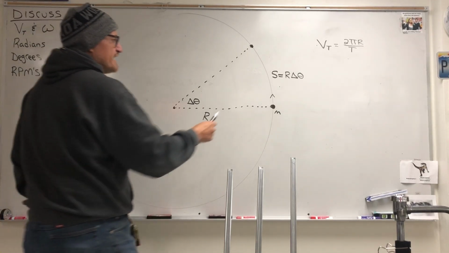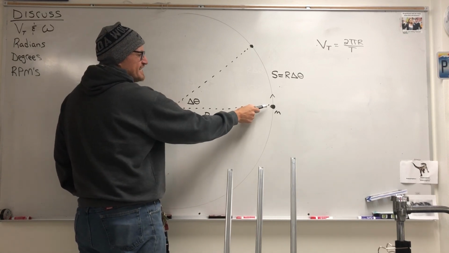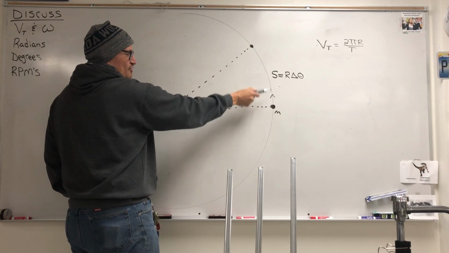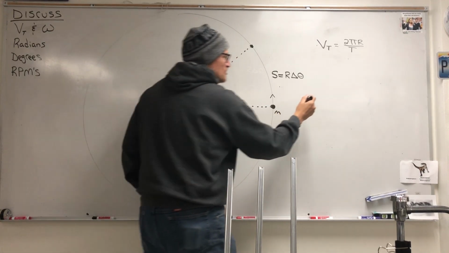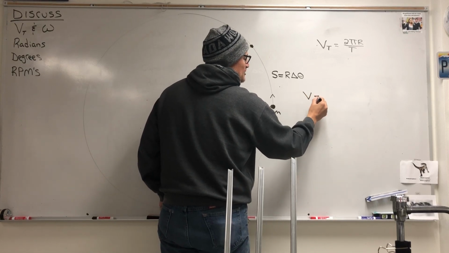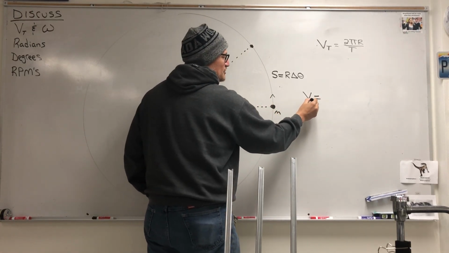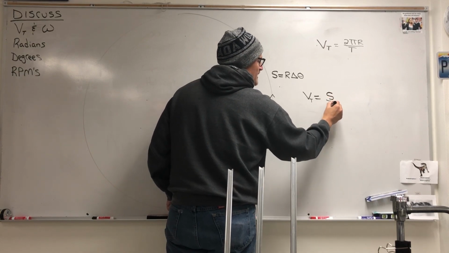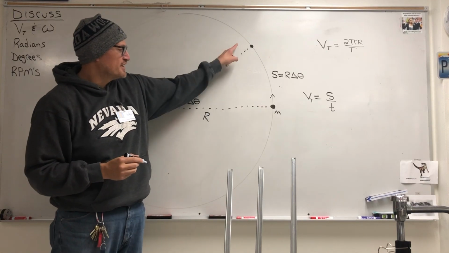Now, suppose I wanted to find the speed from here to here, in some time little t. Tangential velocity could also be given as s over little t, the speed from here to here.